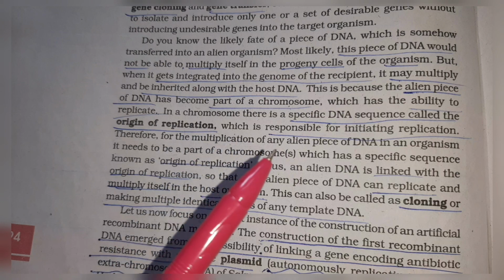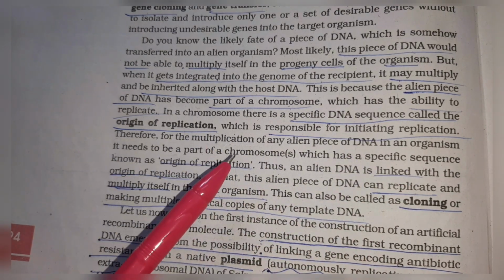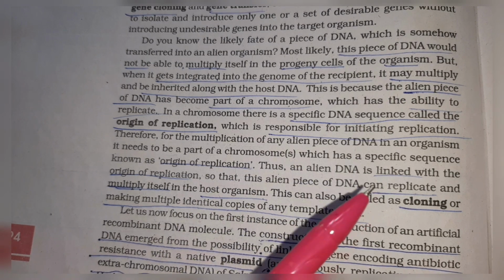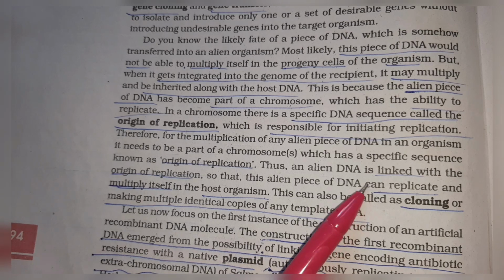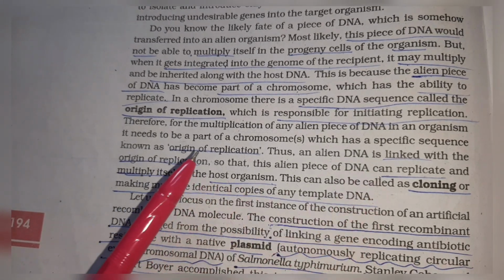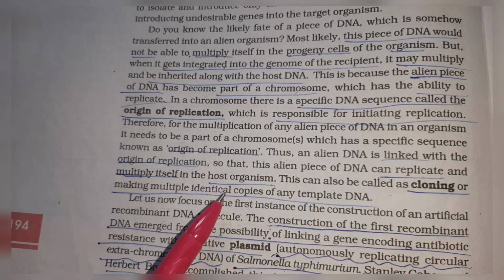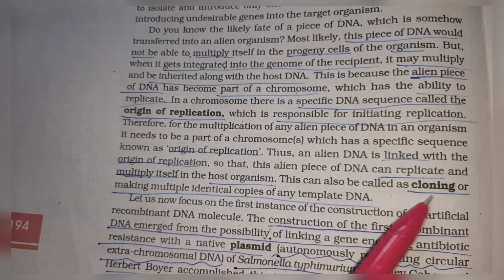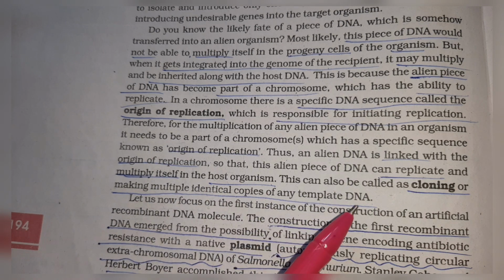Therefore, for the multiplication of any alien piece of DNA in an organism, it needs to be a part of the chromosome which has a specific sequence known as origin of replication. Thus, an alien DNA is linked with the origin of replication so that this alien piece of DNA can replicate and multiply itself in the host organism. This is also known as cloning or making multiple identical copies of any template DNA.